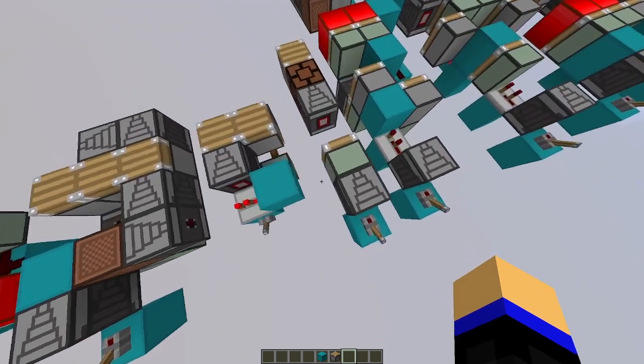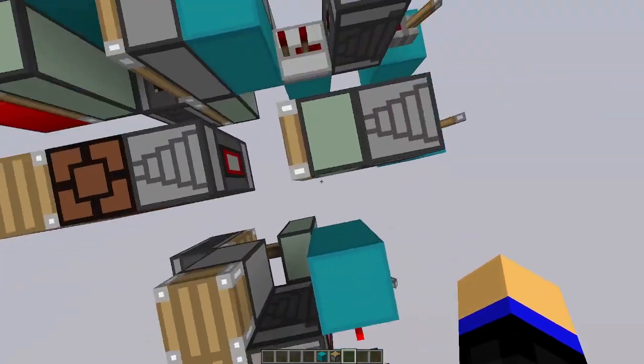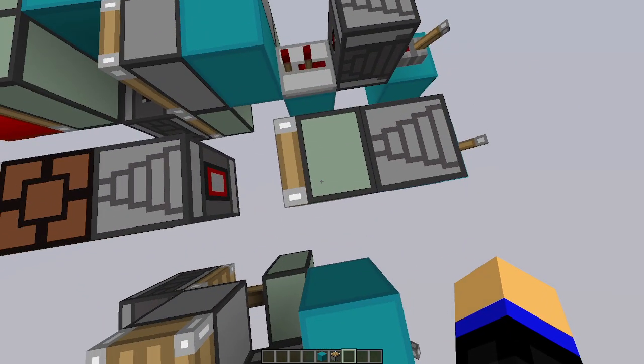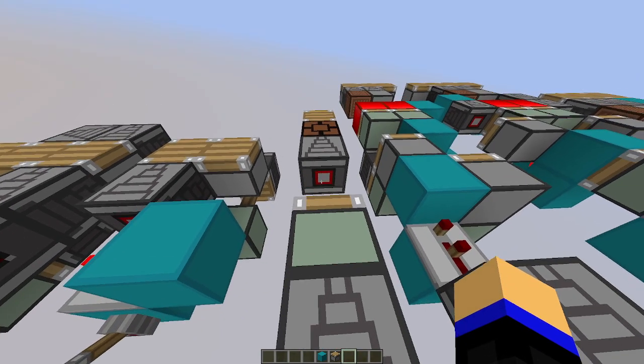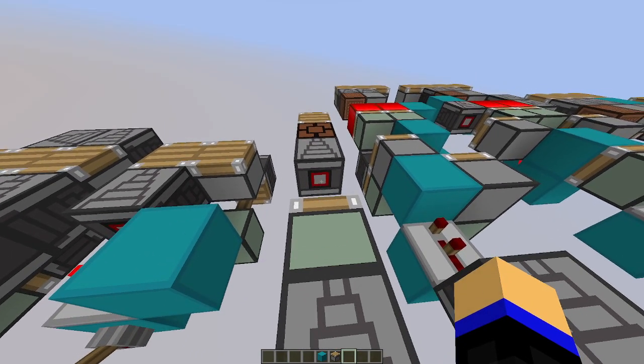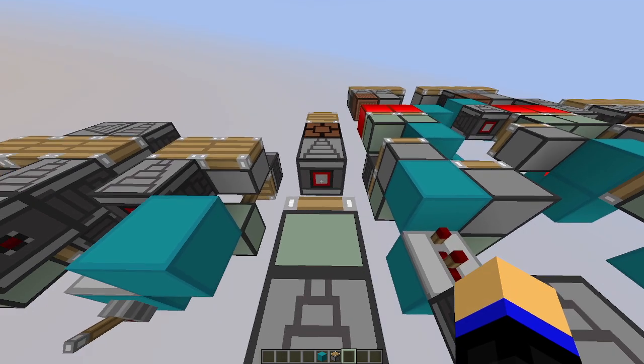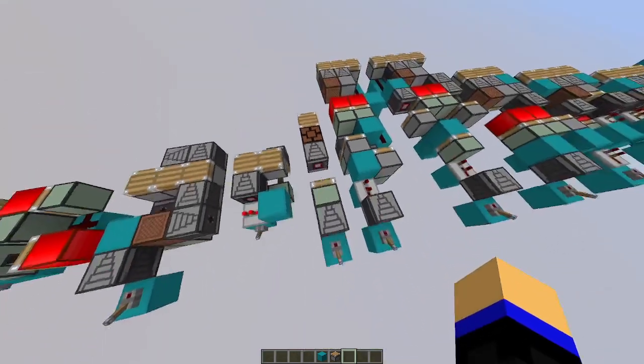So say a sticky piston retracts an observer with a 1 tick or 2 game tick pulse, also with no block event delay. Block event delay is explained again in 2-4, so we don't have block event delay in this setup.